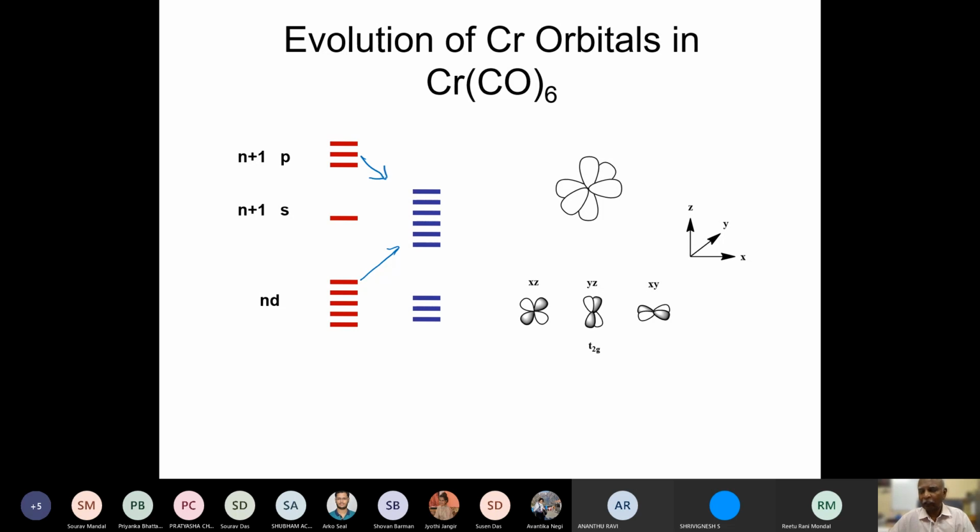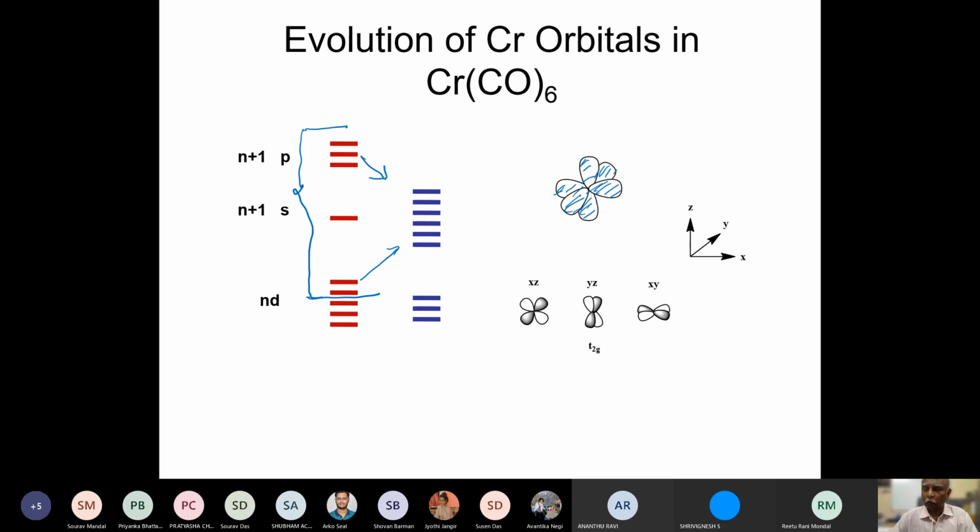I have taken 2 d orbitals, s and 3 p orbitals, mixed all of them together, and they will have an average energy in between the s and the p and the d. So they will have 6 hybrid orbitals, formed by chromium, and all of them are vacant.